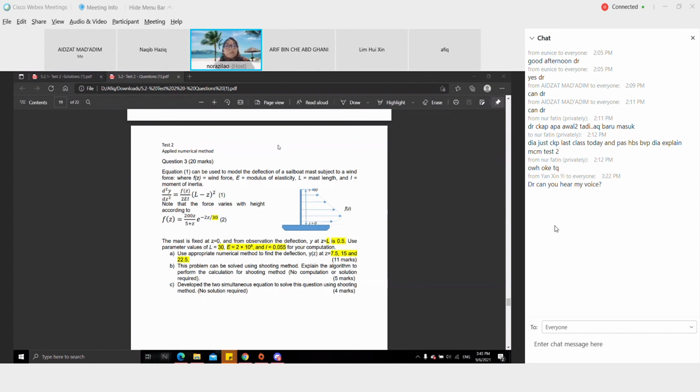Kita nak clear information. Boleh beza? Ada soalan lain? So this question is only a 3x3 matrix.